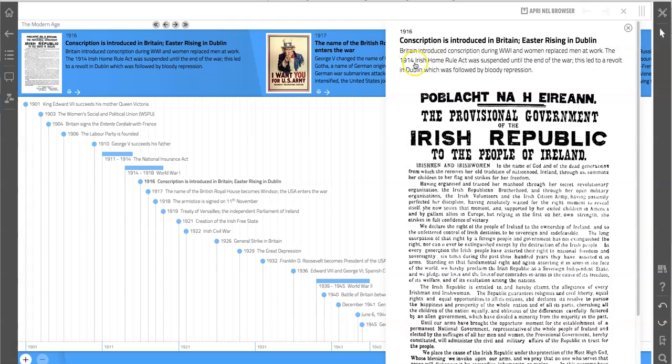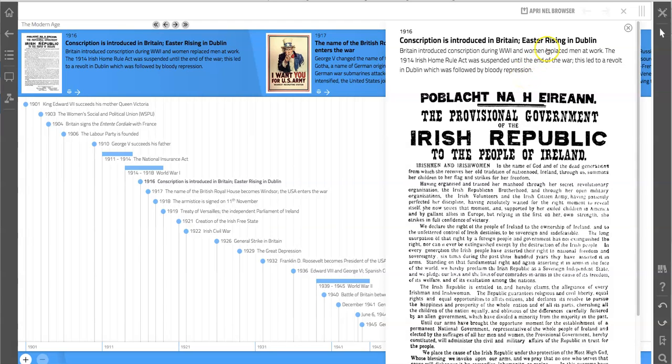During 1914, the Irish Home Rule Act was suspended until the end of the war. This led to a revolt in Ireland and in Dublin, which was followed by a very bloody repression.